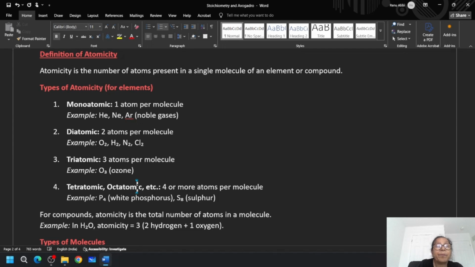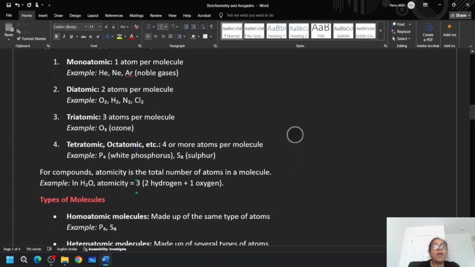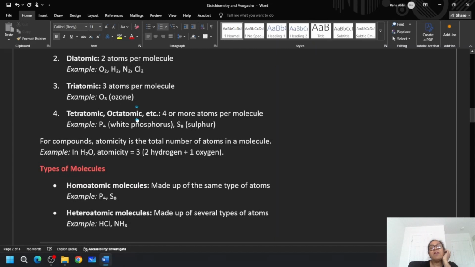Tetra means 4, octa means 8, so 4 or more atoms per molecule. Example, P4, white phosphorus, is tetraatomic, and sulfur S8 is known as octaatomic.